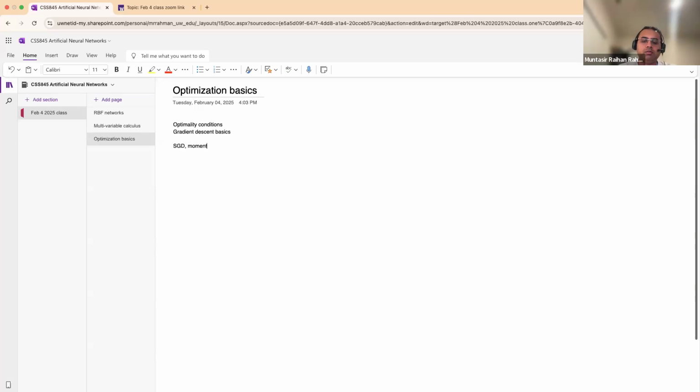We can talk about the momentum-based methods, and there are techniques such as steepest descent. We might talk about Newton's method, which is what is known as a second order method. So it's a bit more complicated.